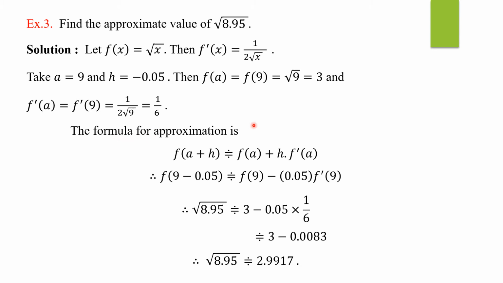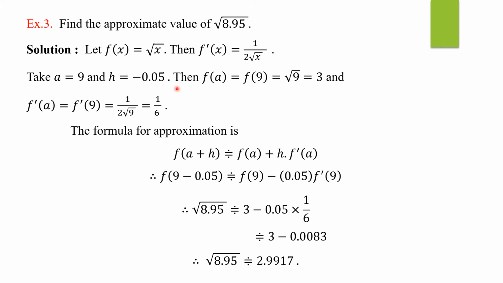The formula for approximation is f of a plus h is equal to f of a plus h into f dash of a. Therefore, put the value of a and h: f of 9 minus 0.05 equal to f of 9 minus 0.05 into f dash of 9. Therefore, root of 8.95 is equal to 3 minus 0.05 into 1 divided by 6.